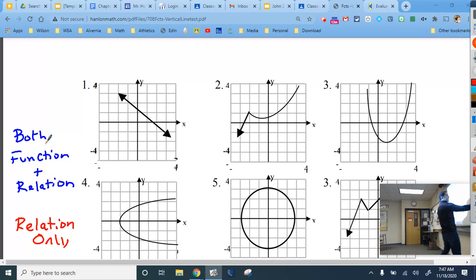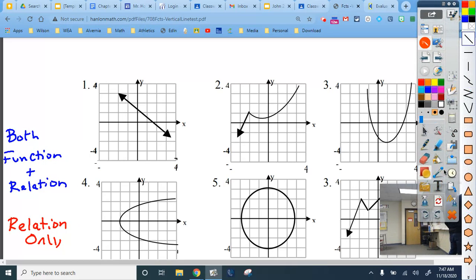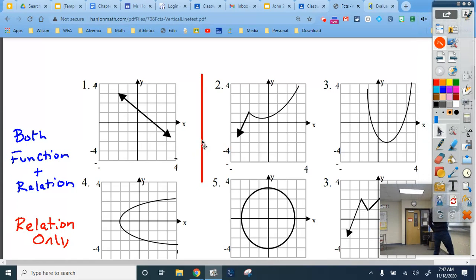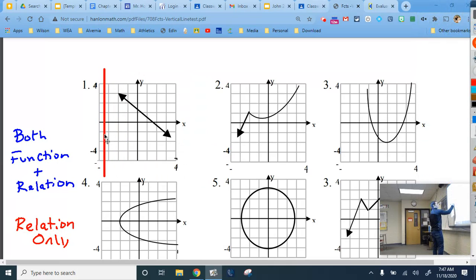So what we're going to talk about today is using this vertical line test. And what the vertical line test does is it shows us, I'm going to draw my vertical line here, whether we have a function or not. Okay? So when I drag this vertical line across this graph, my question is how many times does it intersect it at any given point in time?